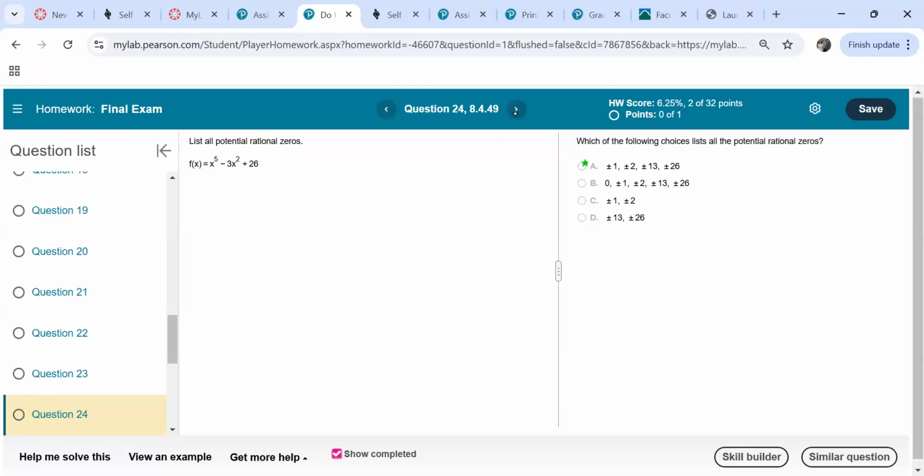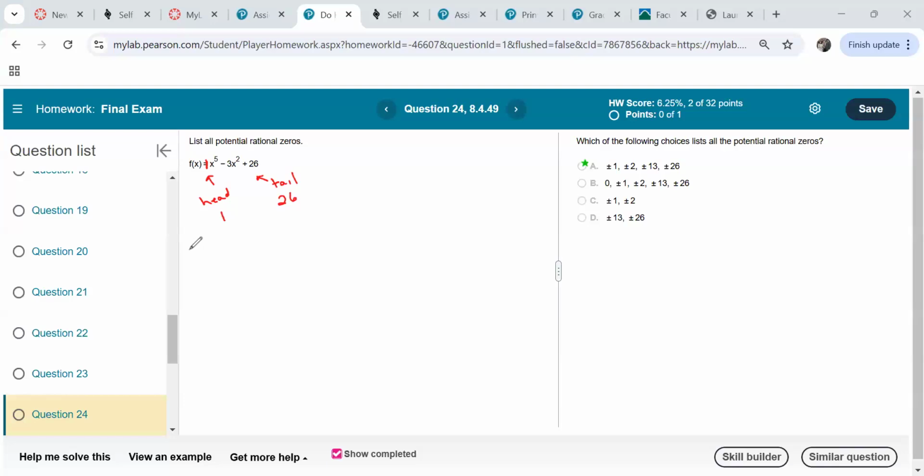List of potential zeros. This was the thing about the silly snake who put the tail over its head. So remember, head, tail. My head is the coefficient of 1, that invisible coefficient, and then that tail would be 26.